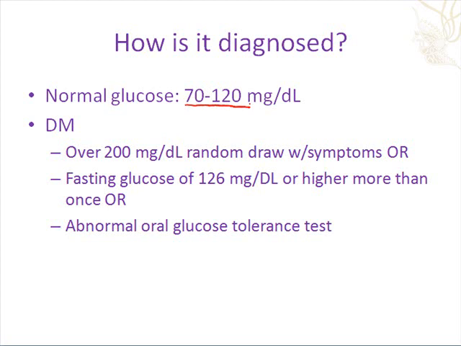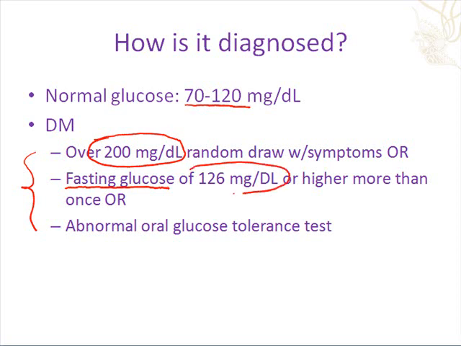If a person is going to be diagnosed with diabetes mellitus, they've got to have one of these happening. Either on a random draw of their blood, multiple times they get a value over 200 milligrams per deciliter for the amount of sugar in the plasma, or they do what's called a fasting glucose test, where the person goes for a period of time without consumption, and then they give them a test.